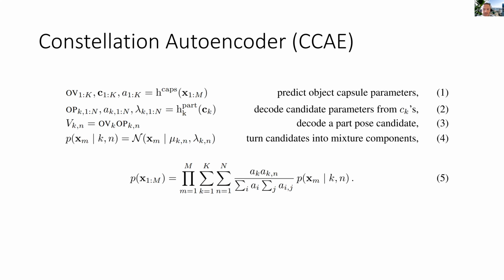Every object capsule, which is like the next layer, uses a separate multi-layer perceptron, H part K, to predict n less than or equal to M part candidates from the capsule feature vector CK.